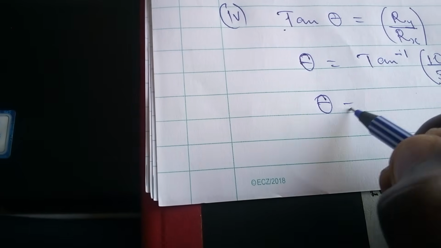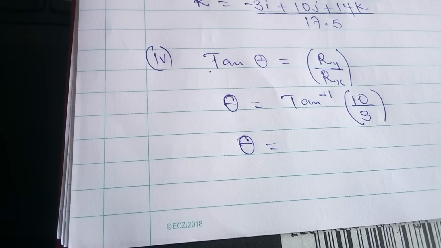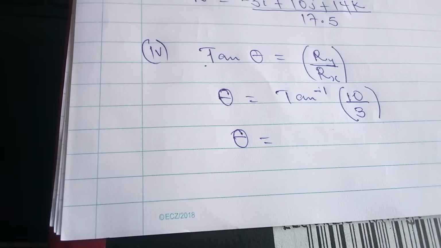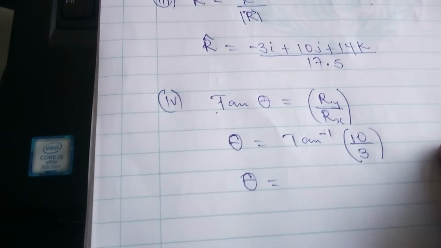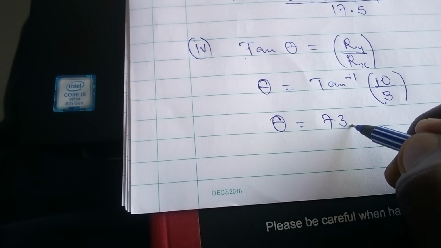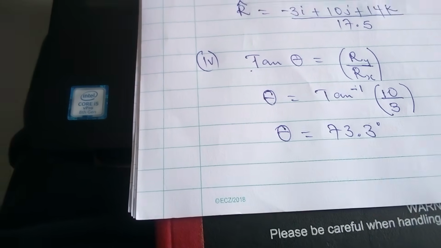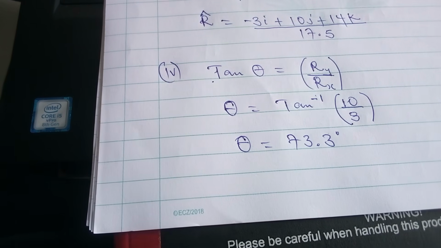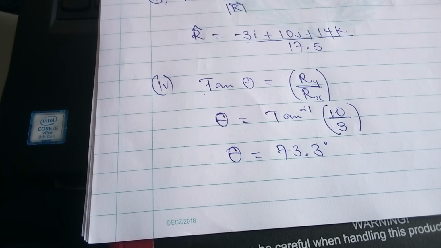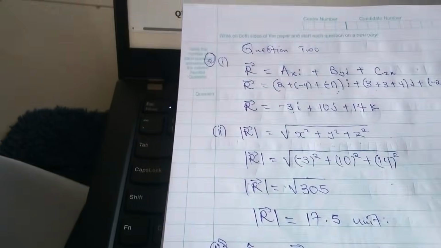So if you punch everything on the calculator there, you're going to find the value of theta to be 73.3 degrees. So that is the direction. So theta in physics represents the what? The direction.